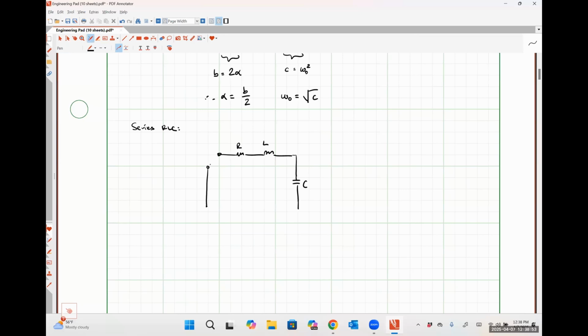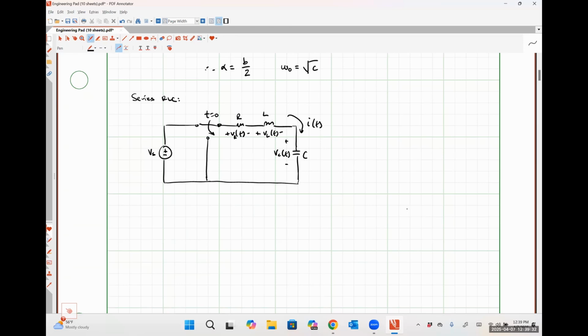I had a switch doing something like this, if I'm remembering correctly. And then over here might have been my voltage source or current source, where this was my current I of t. Here's my voltage VR, my voltage VL, and my voltage VC, like so.